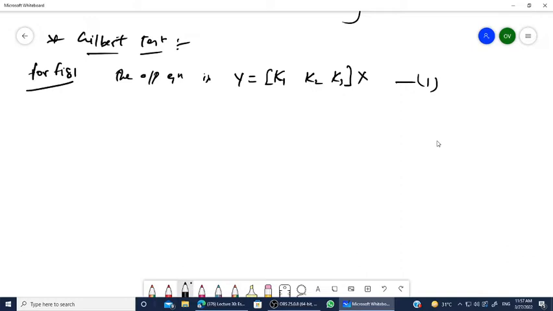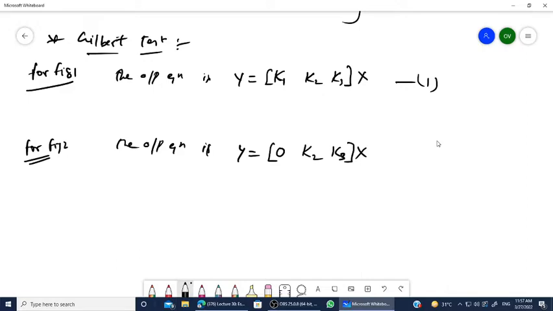And for figure 2, the state variable x1 is not connected, and therefore the output equation is y = [0 k2 k3] x. k2 and k3 are connected with the output. However, the x1 variable is not attached, and therefore the coefficient of this one is 0. Based on this, the first represents an observable system.